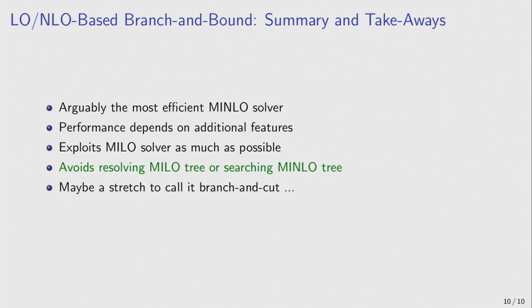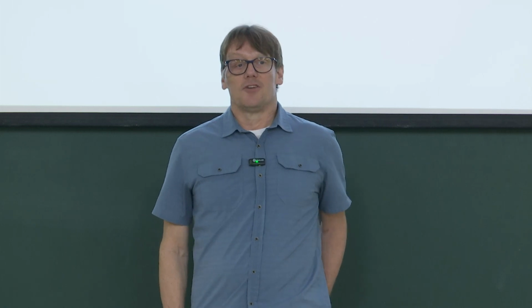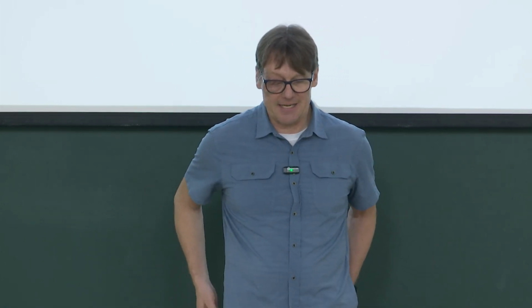Okay, so this is arguably the best way of solving mixed integer nonlinear optimization problems. It's not the one that will solve all problems the fastest, but it's probably the one that solves most problems the fastest. And there are various implementations. To make it work, you need additional features, and I'll talk about this on the next set of slides.